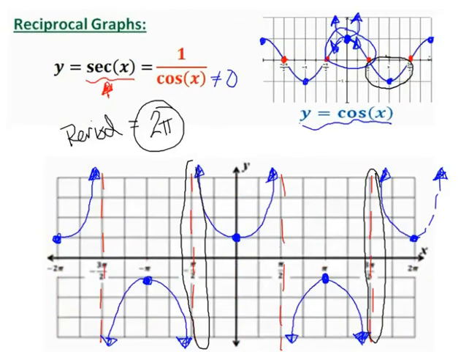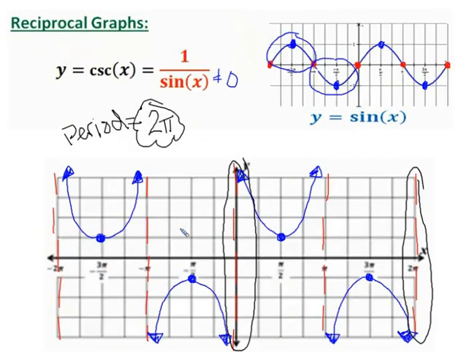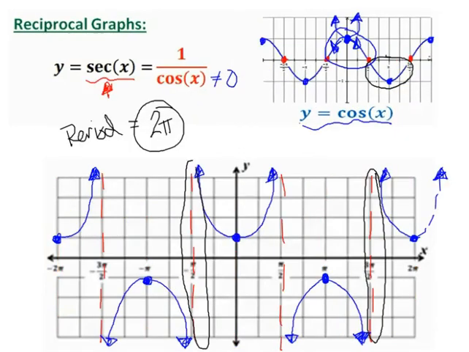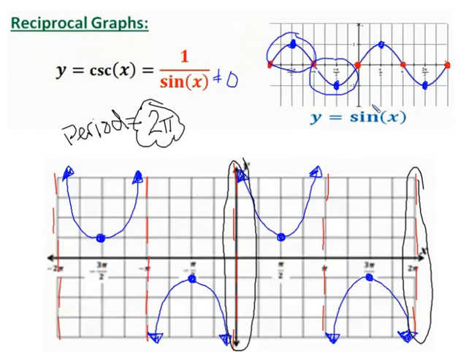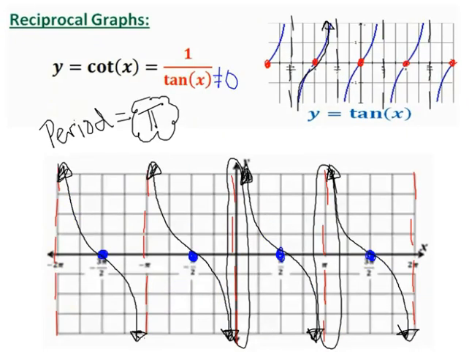Secant and cosecant are very similar. Notice how they both have those parabola-like shapes, but that's self-explanatory because cosine and sine are also very similar. So you can either recreate these reciprocal graphs based on your knowledge of the original sine, cosine, and tangent, or you can try to remember what these look like at face value.